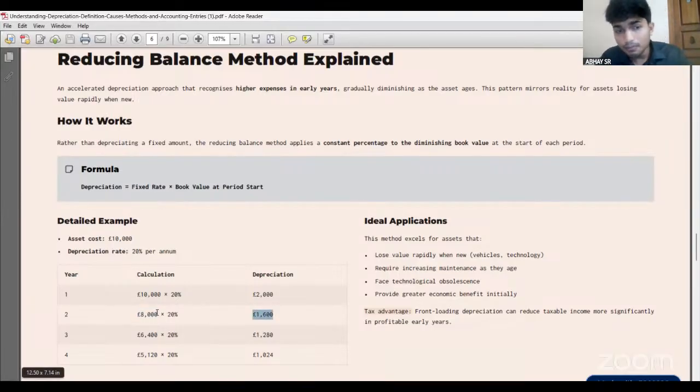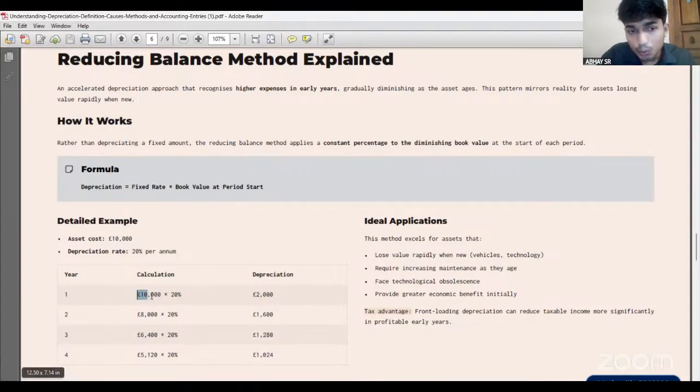And if we apply that for the third year, from 8,000 we have this 1,600 as depreciation. We must reduce it, and the value would be 6,400. On that value, the third year's depreciation is calculated. If you notice this trend, the first year is £2,000, the second year is £1,600, the third year is £1,280, and the fourth year is 1,024.